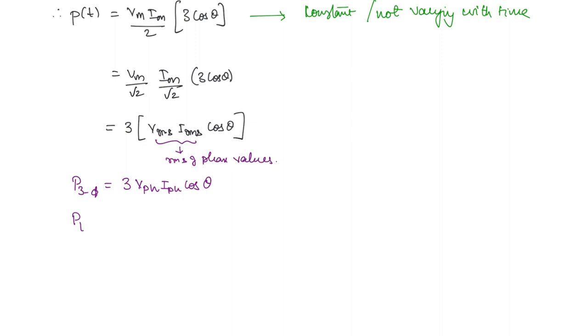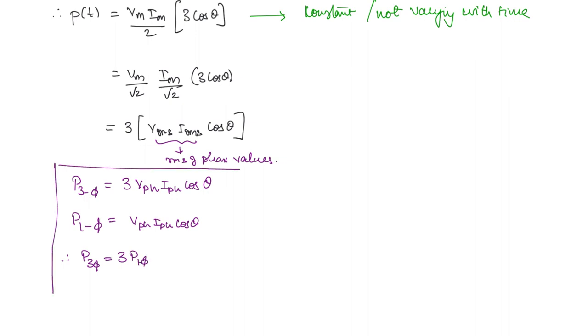And what will be the power for single phase? This is going to be V phase I phase cos θ. So the 3-phase power we can write as 3 times the single phase power. These are the final expressions that you need to remember. So we have derived the three-phase and the single-phase power in terms of the phase values.